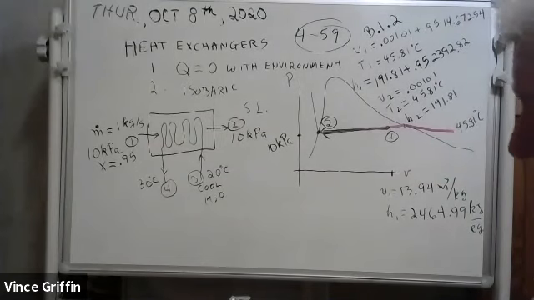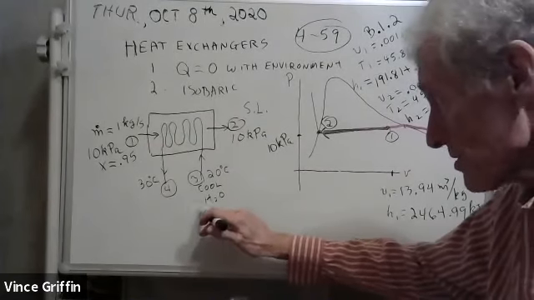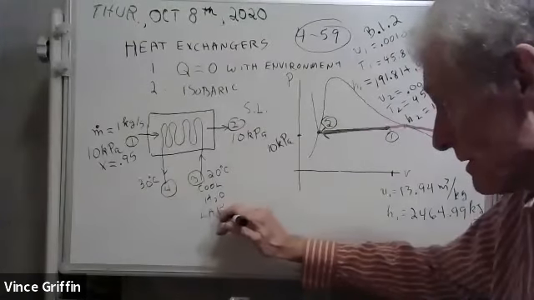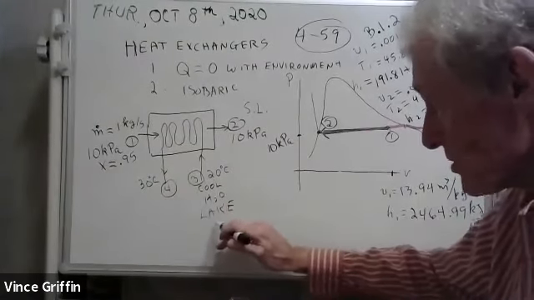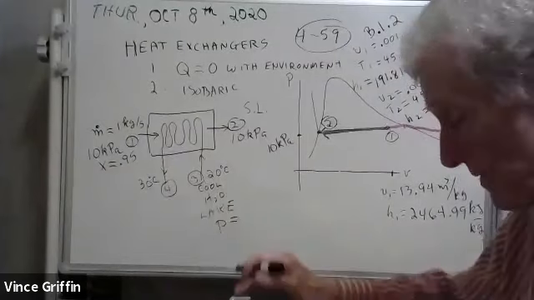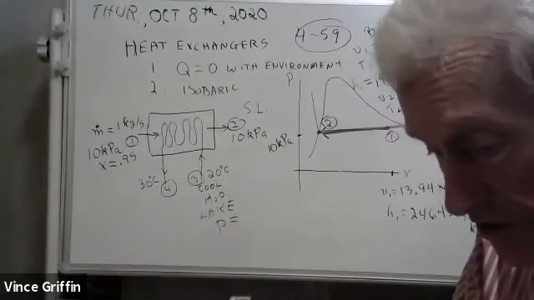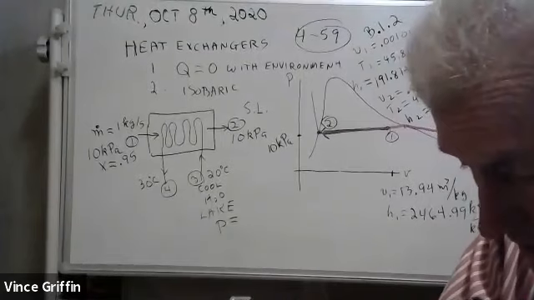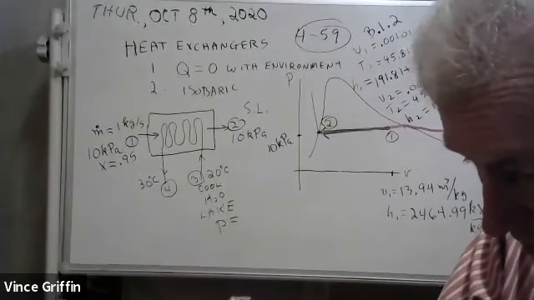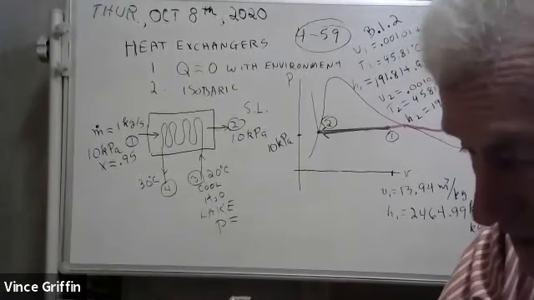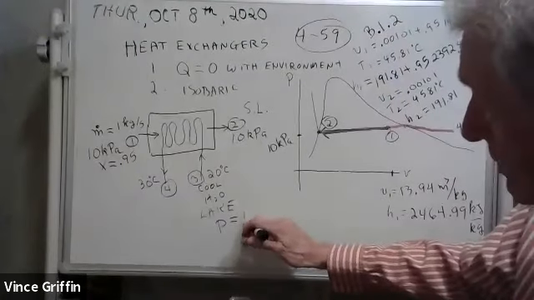Okay. Well, now this is lake water, they said. So I would say the pressure would be atmospheric pressure, right? What is atmospheric pressure? It's around 100 kilopascals.